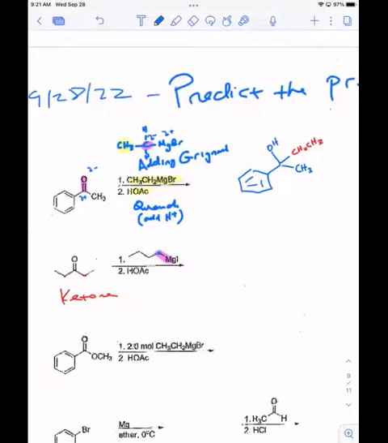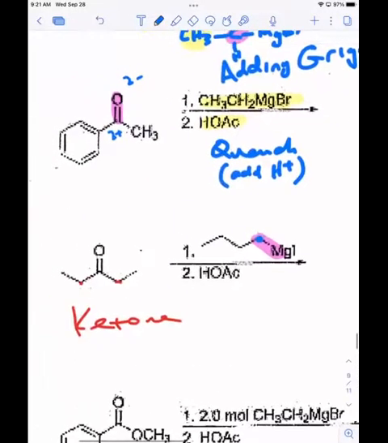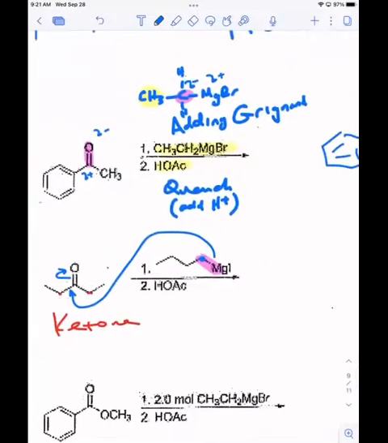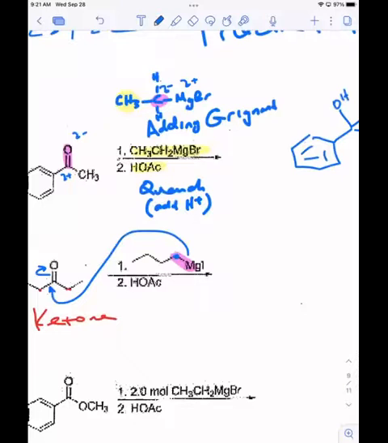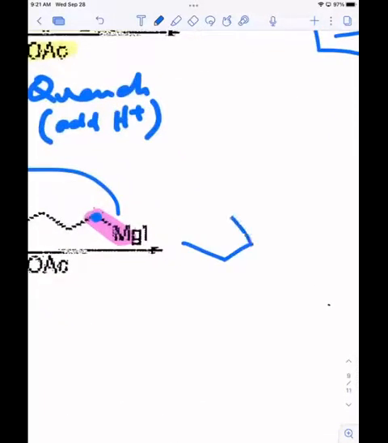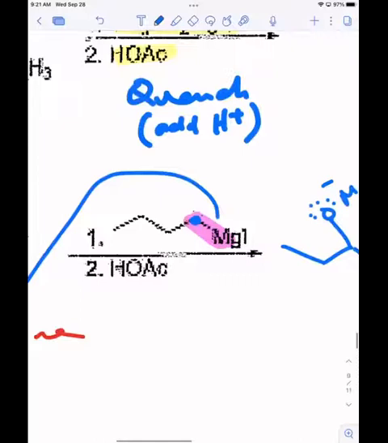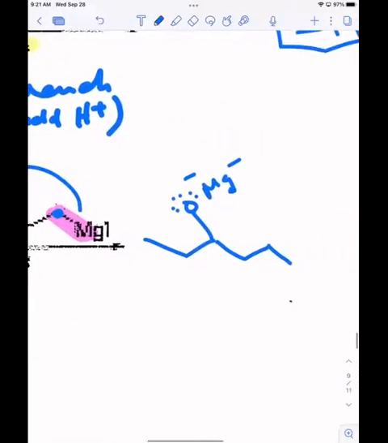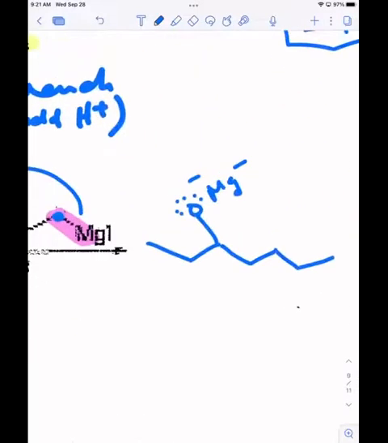All right. So if we were to put in an arrow here and here, even though it just said predict the products, I think at this point we need to actually see. So this is a salt now, and then carbon on there, and then here.